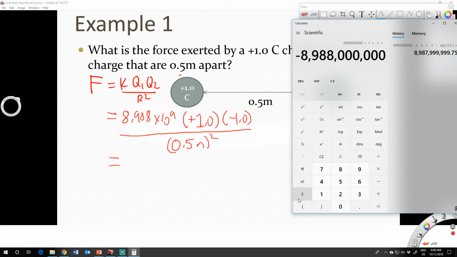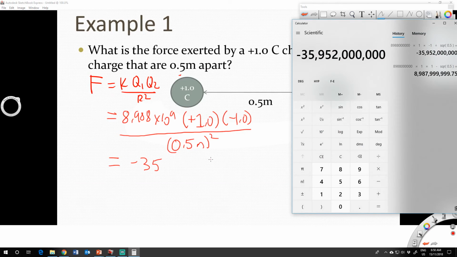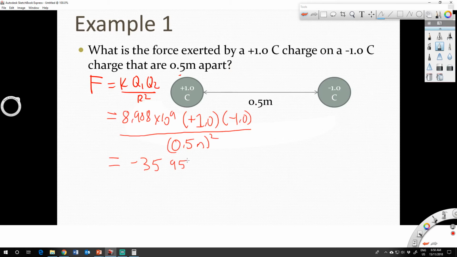Divided by, there we go, divided by 0.5 squared. There we go, that's better. So this has a force of negative 35 billion. Oh geez, 952, 123, 123. So negative 3.6 times 10 to the 10.